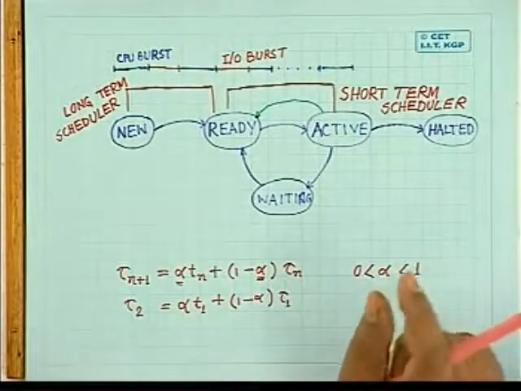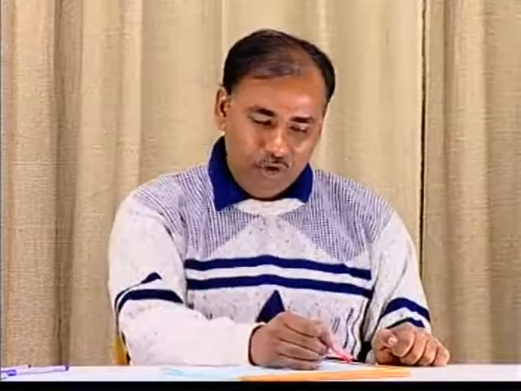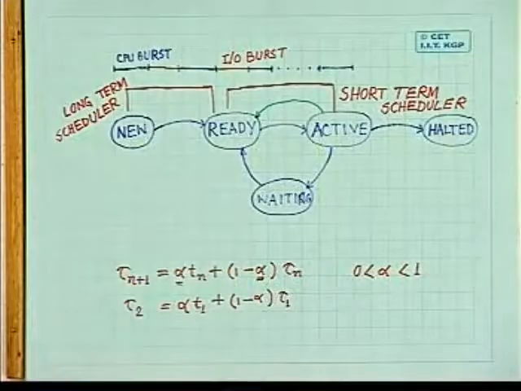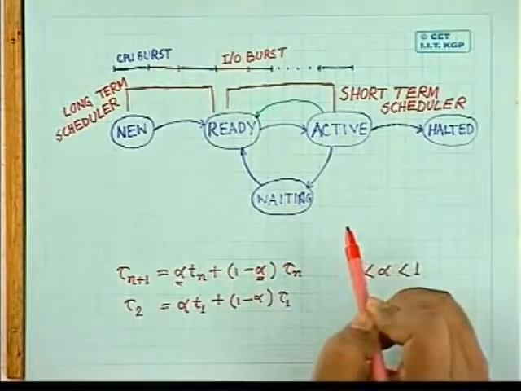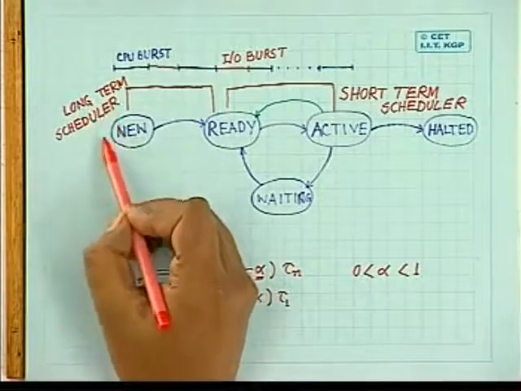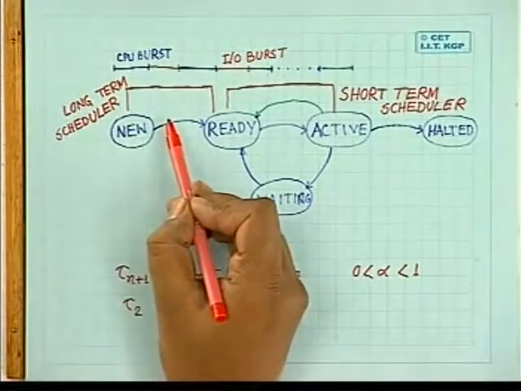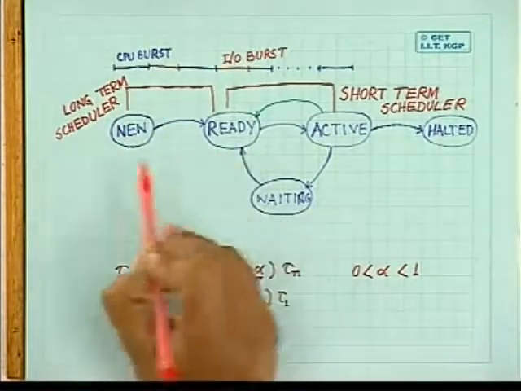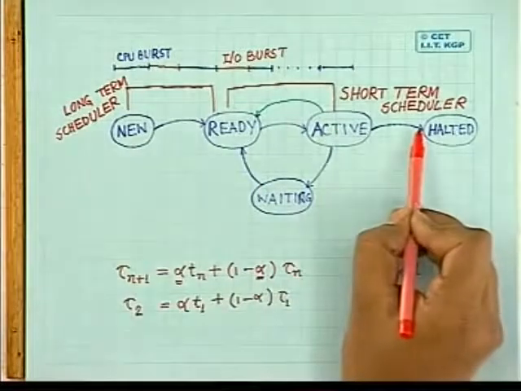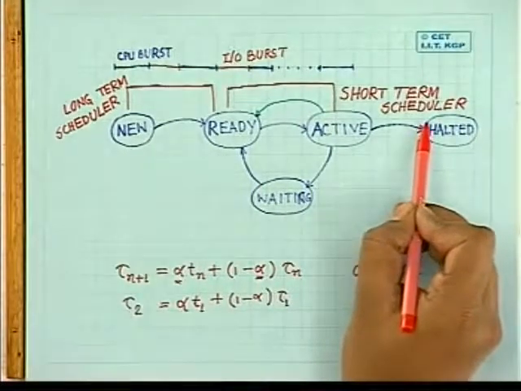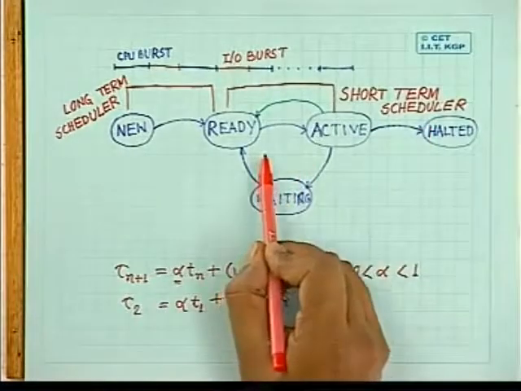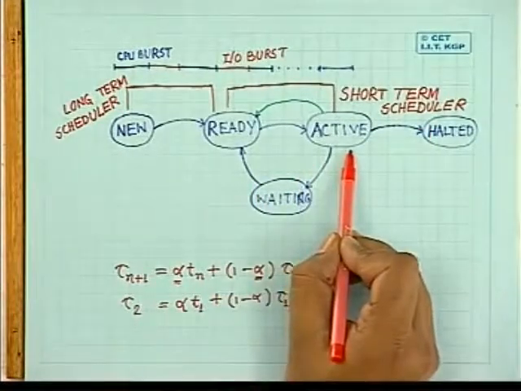It only remains for a particular CPU burst time. So I can afford to have a long term scheduler which is very complicated compared to the short term scheduler, because the long term scheduler can take more time to decide which job should be pushed into the ready state from the new state. But the short term scheduler cannot take a long time to decide which job has to be made active from the ready state.